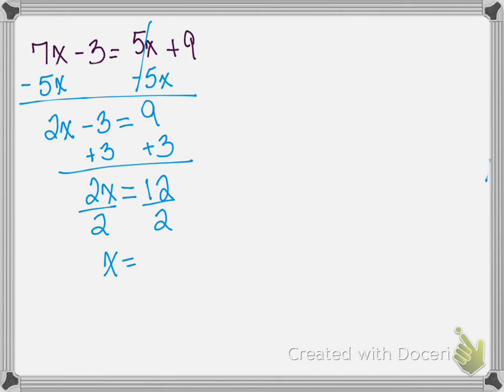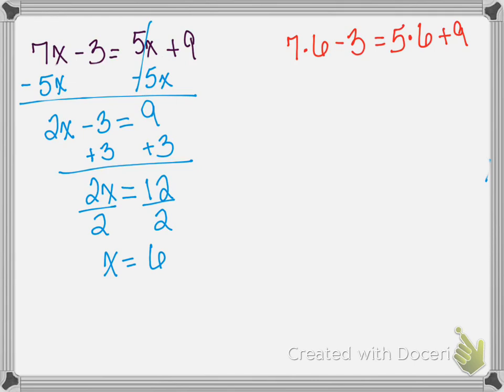Okay, we are going to check this now. I am going to put 6 wherever there is an x. So I have 7 times 6 minus 3 equals 5 times 6 plus 9.